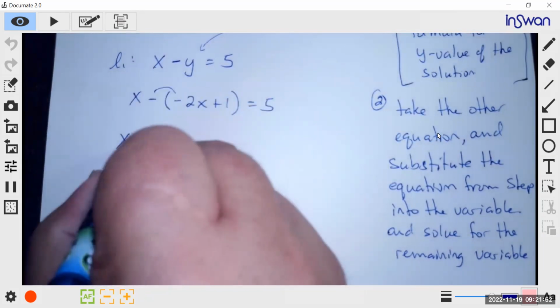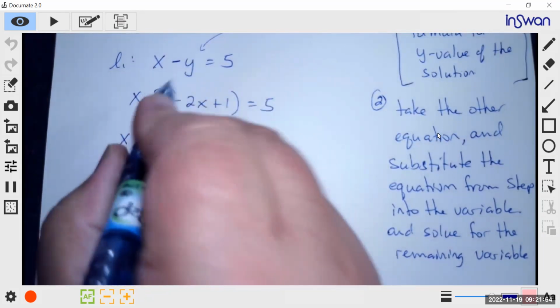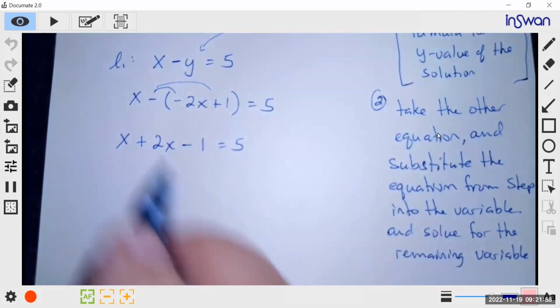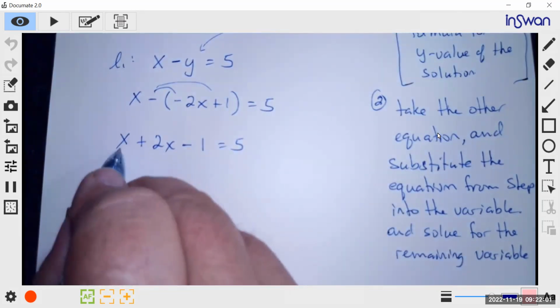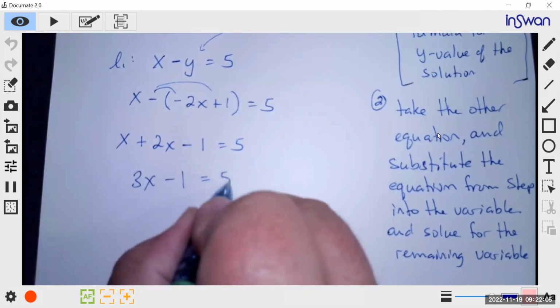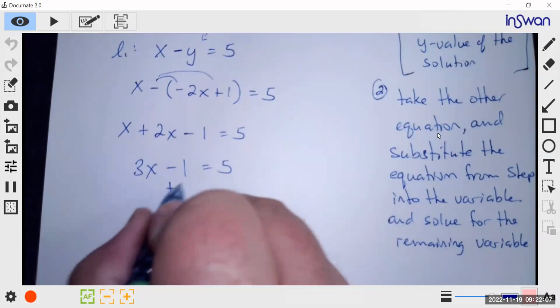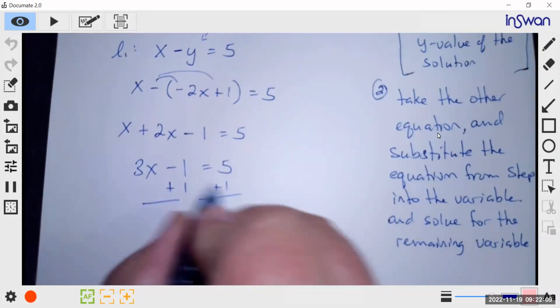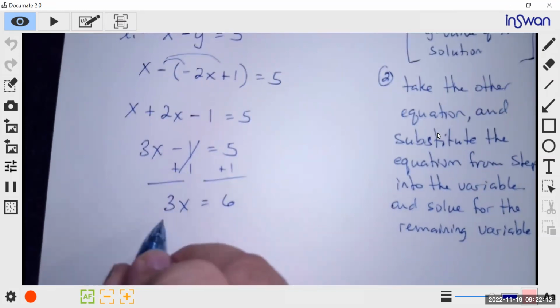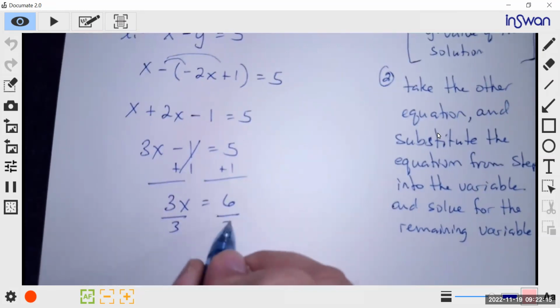So negative times negative is a positive 2x. Negative times positive is a negative 1. 2x plus x is 3x. Add 1 to both sides. 3x equals 6. Divide by 3, x equals 2.